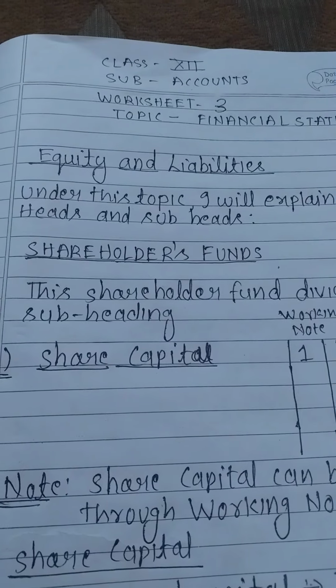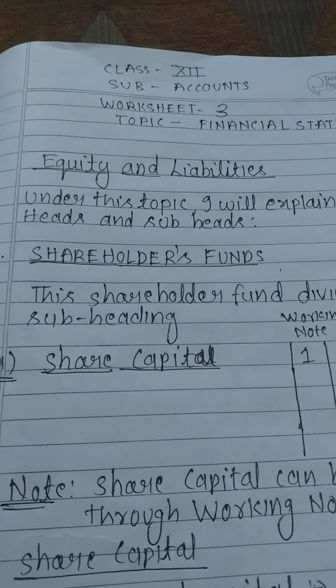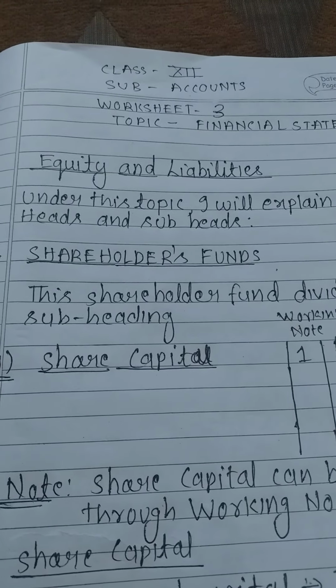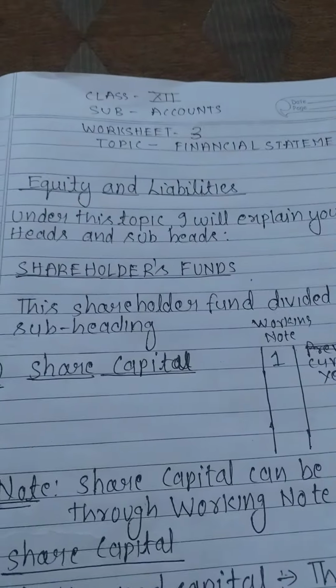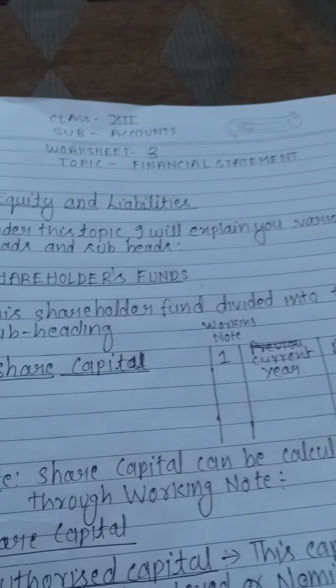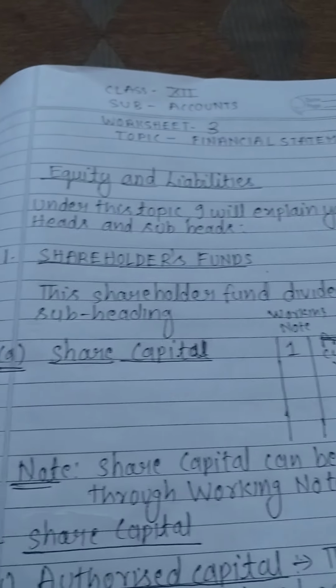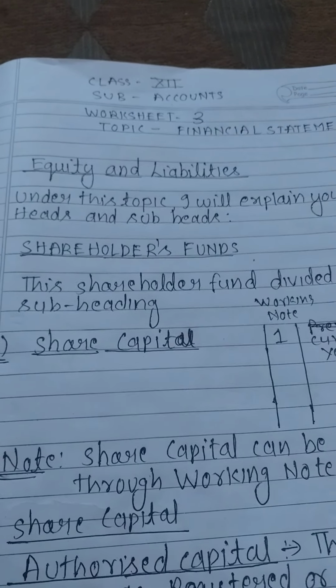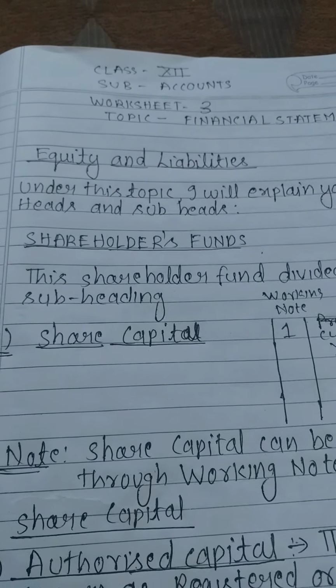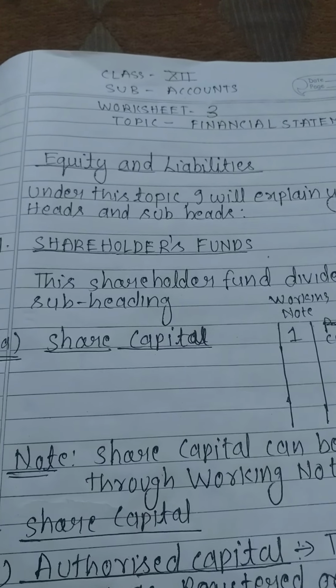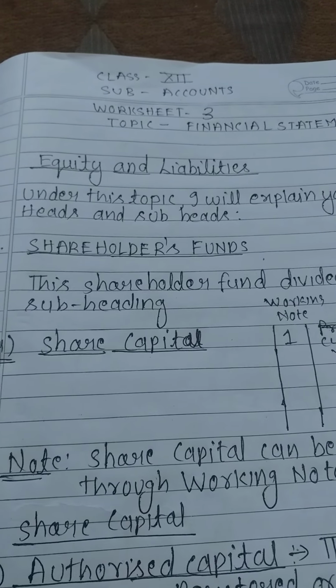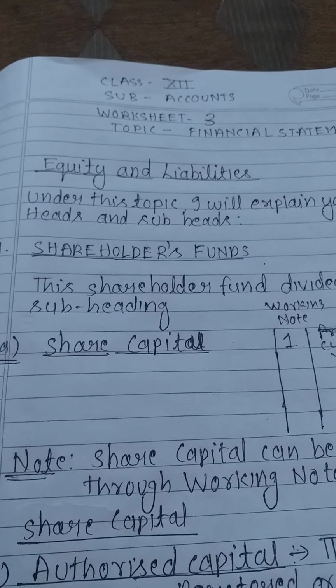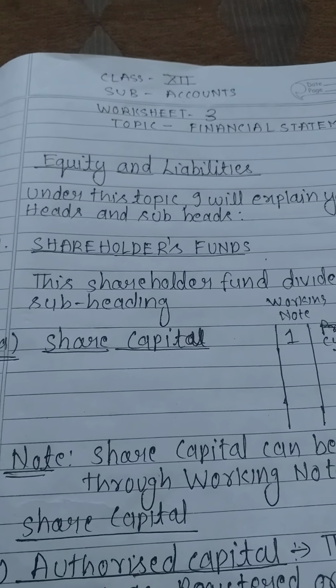The very first heading is equity and liabilities. Under this topic, I will explain you the various heads and subheads. If you see the format of the balance sheet, you will find it starts with shareholder funds.